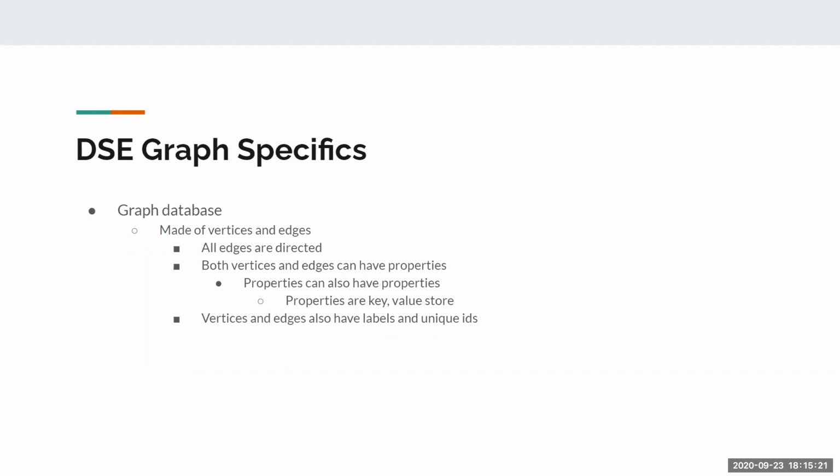In DSE Graph, both vertices and edges can have properties, which are just a key value store. You define a schema for that key and value. You provide a schema for the value and associate it with a particular key. And properties can also have properties. So the main things that are being connected to each other in a DSE graph are properties.